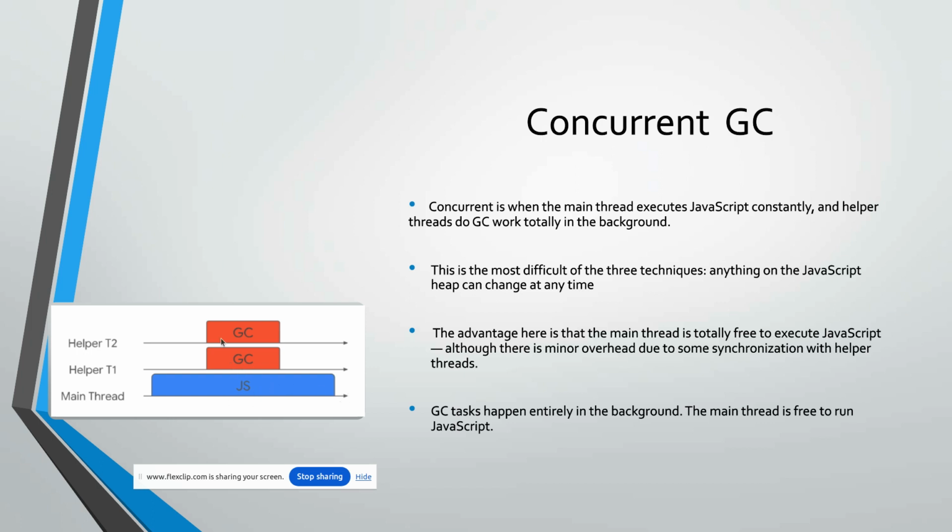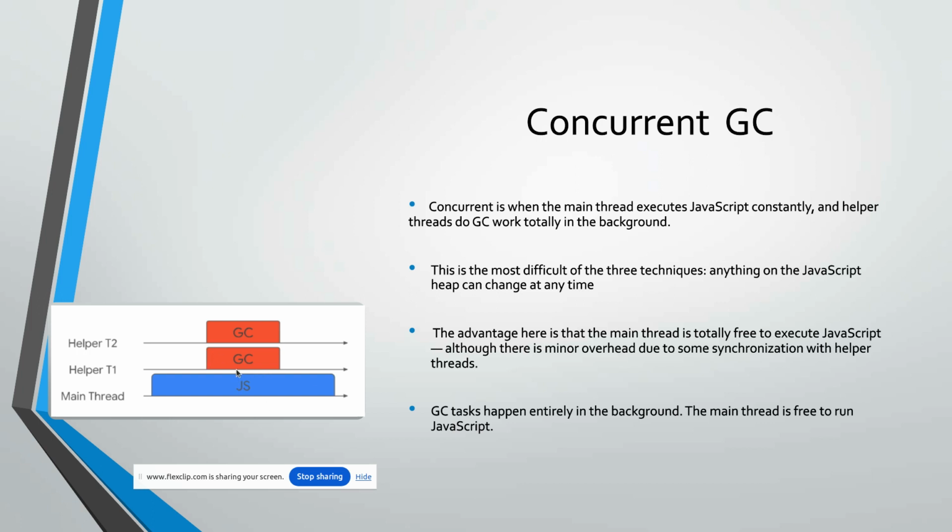To block this issue, we have to make sure it doesn't affect the main thread, but that is very difficult. The advantage, of course, is that it decreases the time of the GC and frees up JavaScript.